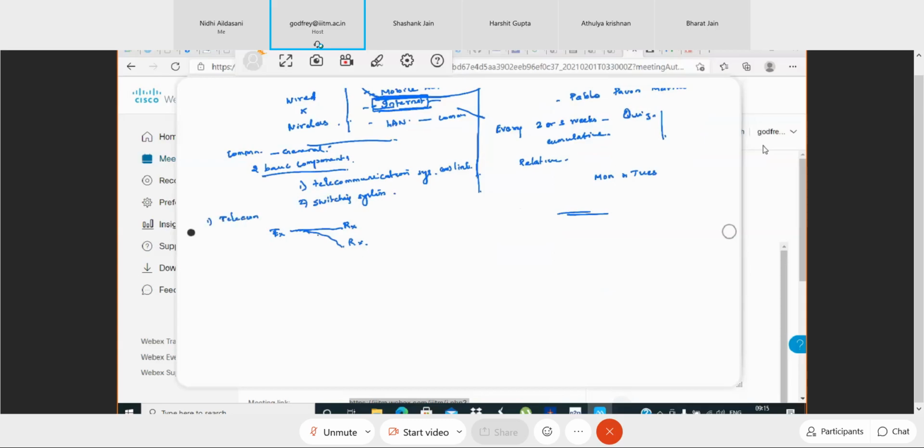The telecommunication system consists of a transmitter and one or more receivers, connected through a medium, which may be a wired medium or otherwise. The medium passes the electromagnetic signals from the transmitter to the receiver, right?